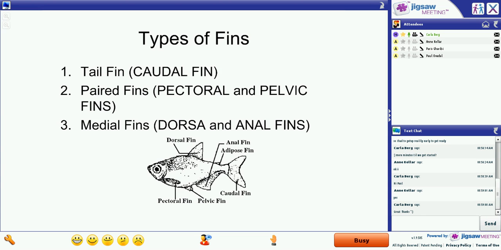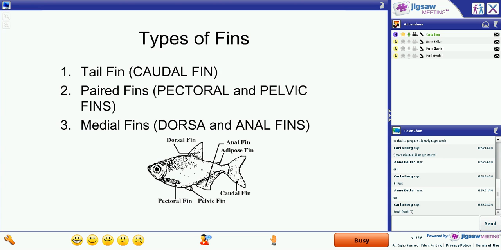There are two types of paired fins. There are pectoral fins and pelvic fins. Now, a paired fin means that there is a pair of them. There are two of them on the fish. The pectoral fin is closer to the head of the fish, and the pelvic fin is on the bottom. But there is one on each side of the fish.